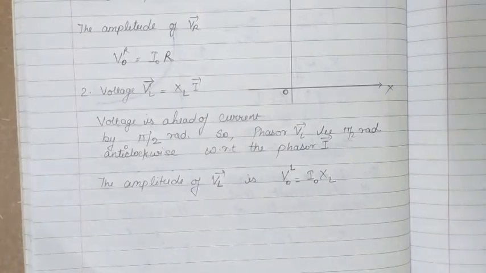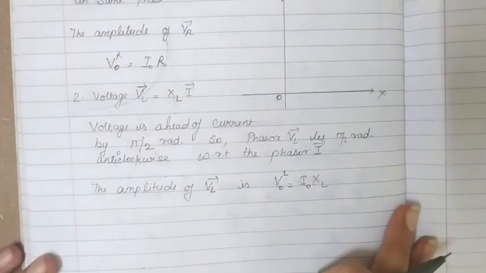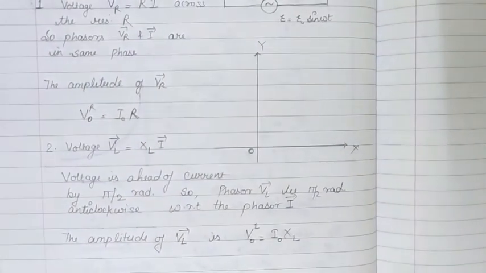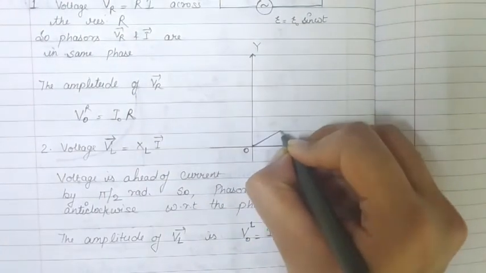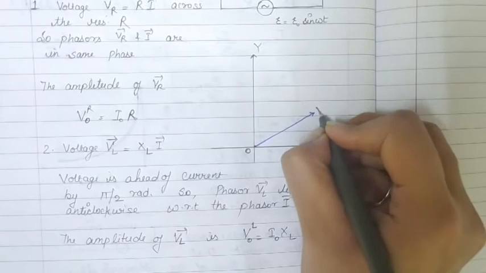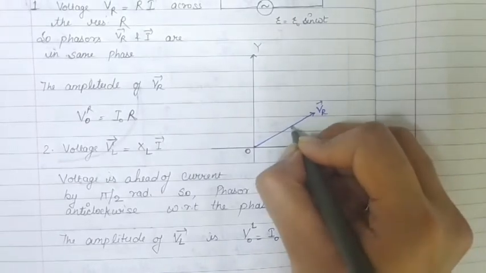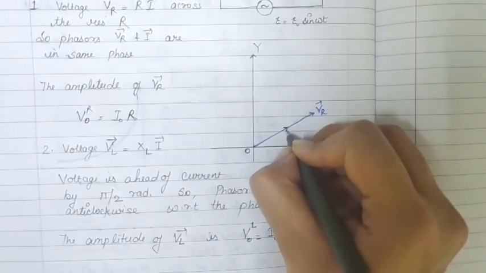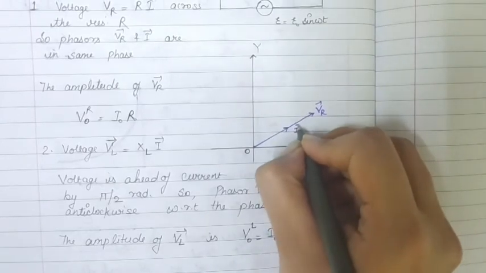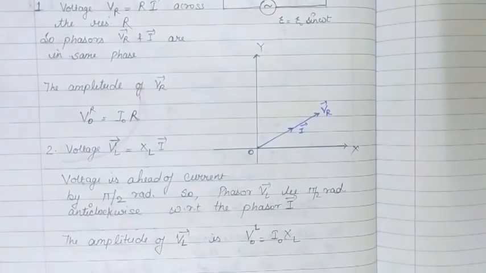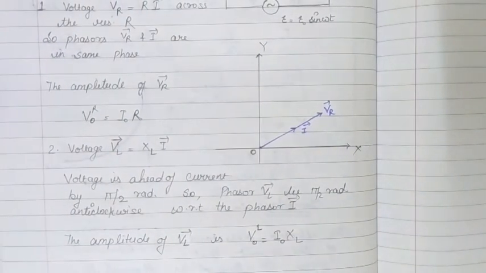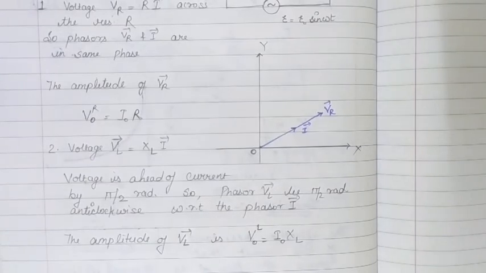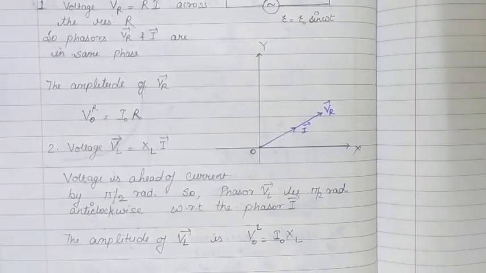Now let's plot the phasor diagram for these. Current and voltage in case of resistance are in the same direction. Suppose this is the direction. So the voltage is VR vector and the current is I vector. Both are in the same direction in case of resistance. Now in case of an inductor, we know that the voltage is leading the current by pi by 2.